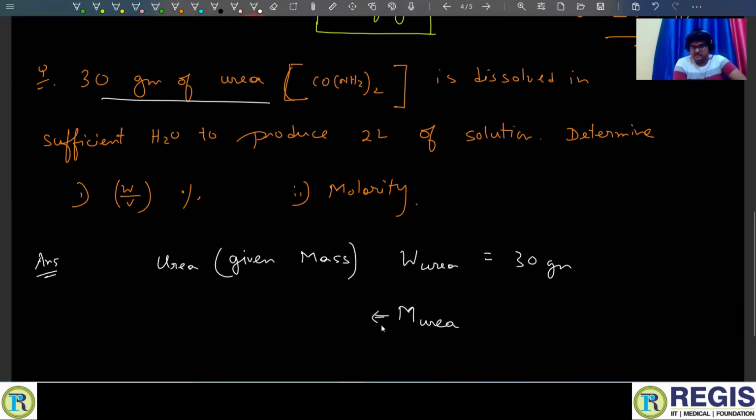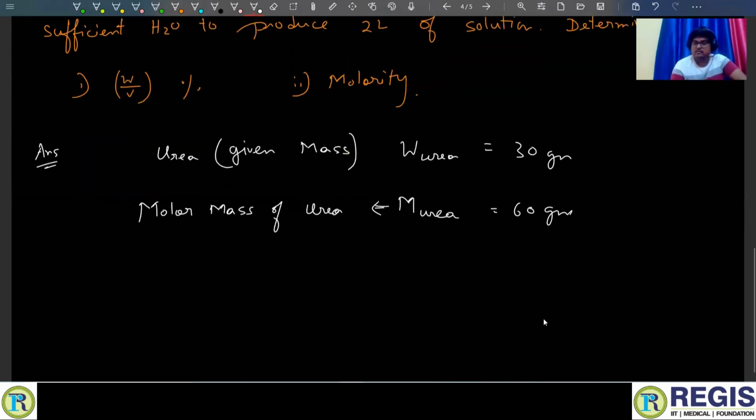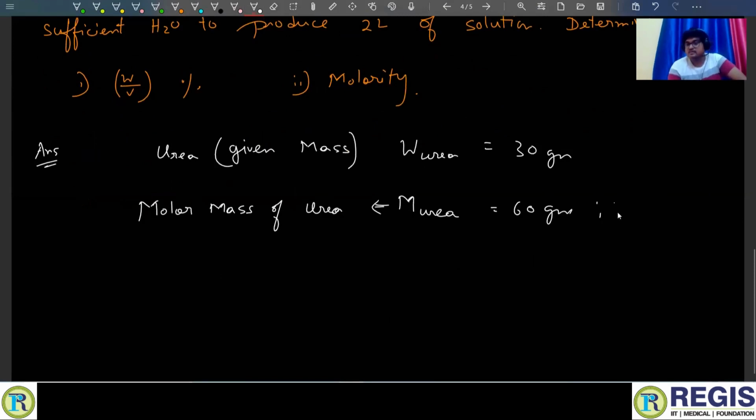M of urea, which represents molar mass of urea, which is basically 60 gram. Okay. Now, what will be the number of moles of urea? Number of moles you have to find.